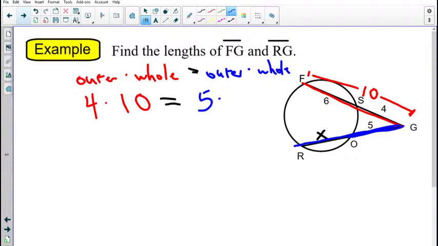That's just the inner part. We want the whole thing, all the way across. This piece here is 5, this piece here is x, so we combine them to get the whole thing. So my whole is 5 plus x.